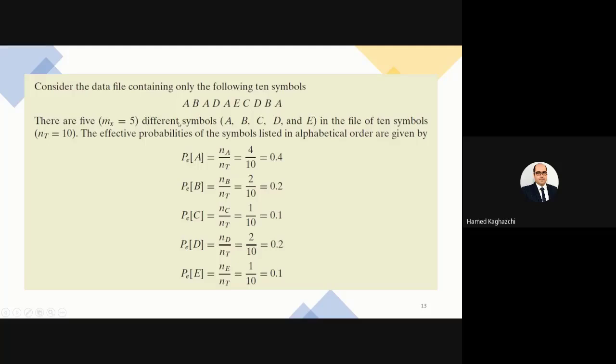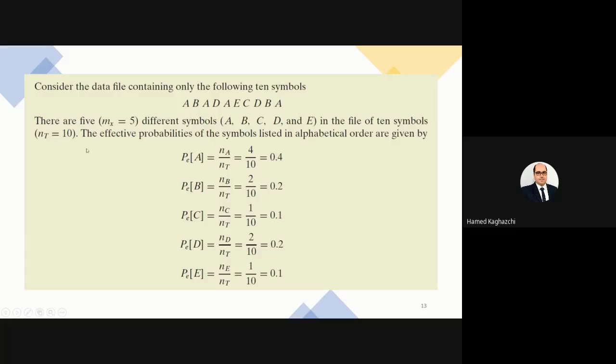What are these different symbols? A, B, C, D, and E. Because the number of all the symbols is 10, the size of my data is 10.